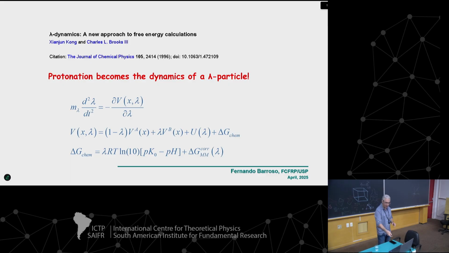As you can see here, you incorporate this free energy term in your Hamiltonian, and that term essentially depends on two inputs: the pKa zeros that we discussed in the first class, and the pH of the medium that you provide as an input parameter. So this is all the time a phenomenological description.